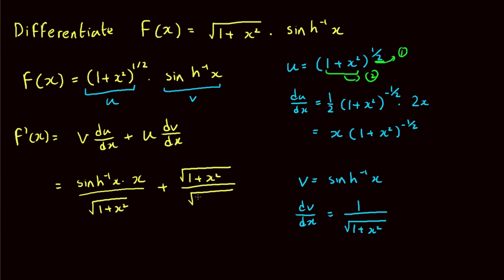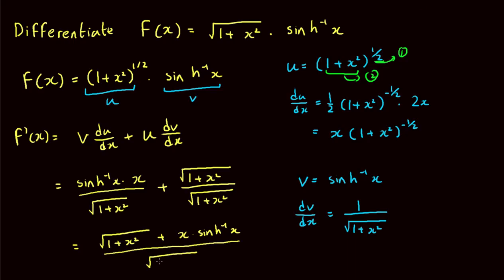So you can simplify this to 1 plus x times sine hyperbolic inverse x over the square root of 1 plus x squared. This is basically your derivative for this function. Not too bad, it just involves a bit of product rule and the inverse hyperbolic function.